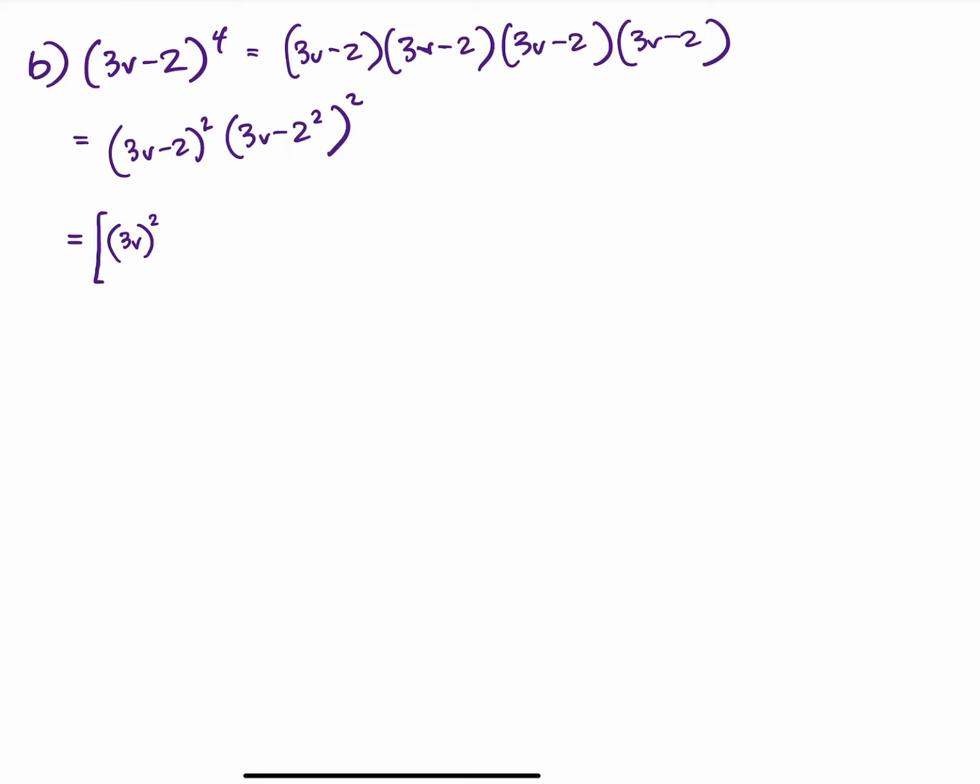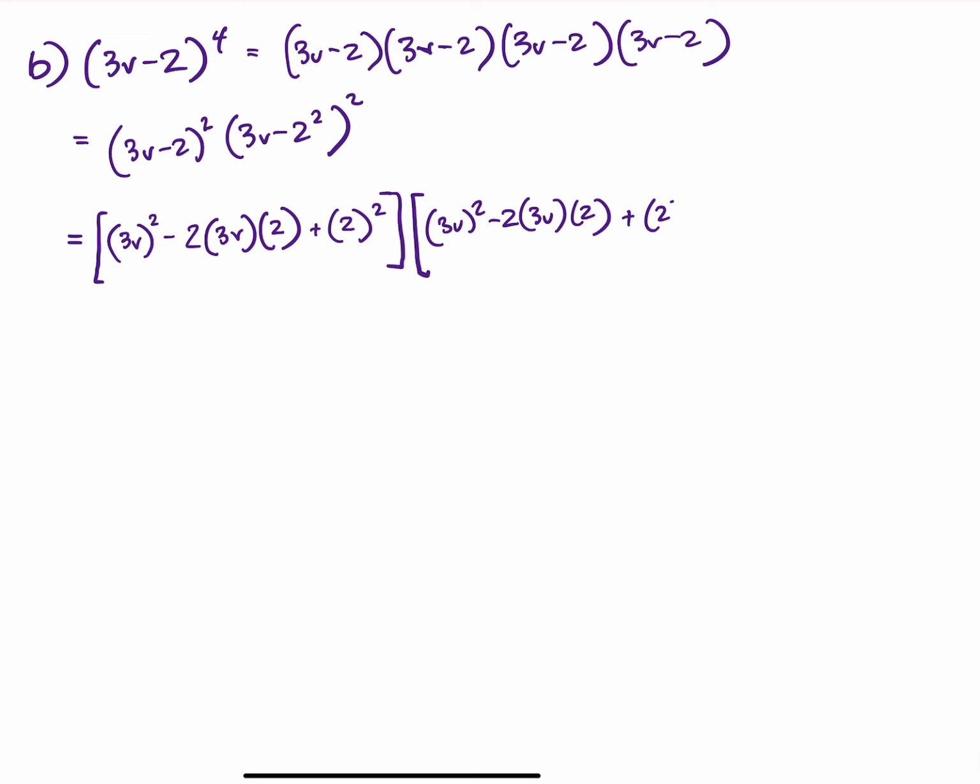We have a minus here, so minus 2 times our first term, 3v, times our second term, 2, plus our second term squared. We basically have the same thing in our second set. I could write the same thing again, 3v squared minus 2 times 3v times 2 plus 2 squared.